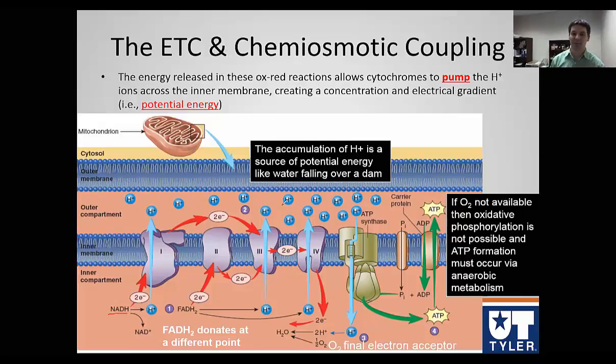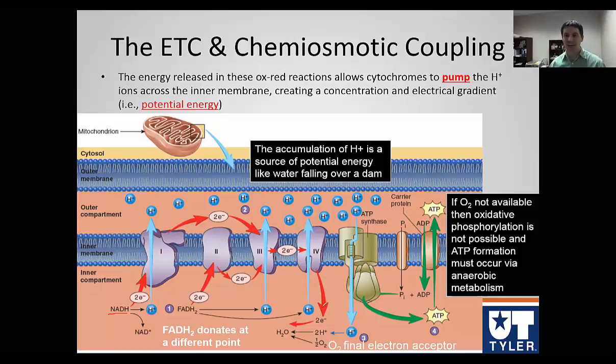A good example of this is damming up a river, such that as the water falls over, we can capture it to generate electricity. The same idea is going on here. We're capturing all this potential energy that we're then going to be able to use to drive our ATP synthase. And again, you can see here, at the end of the day, we have electrons that are passed out of complex 4.